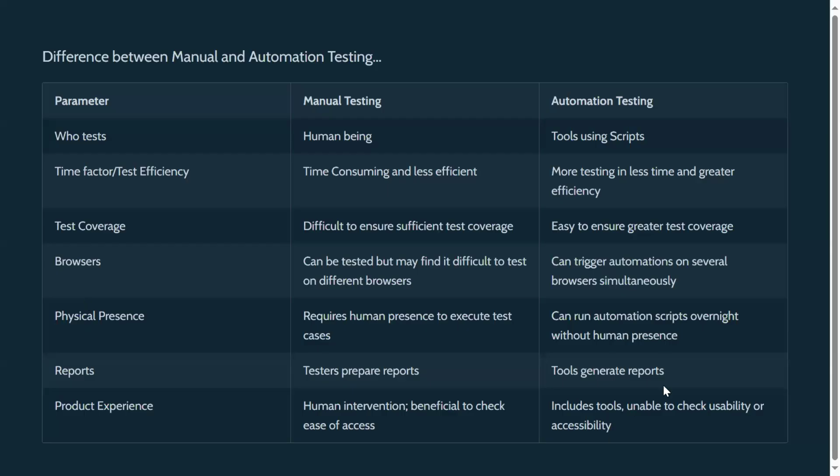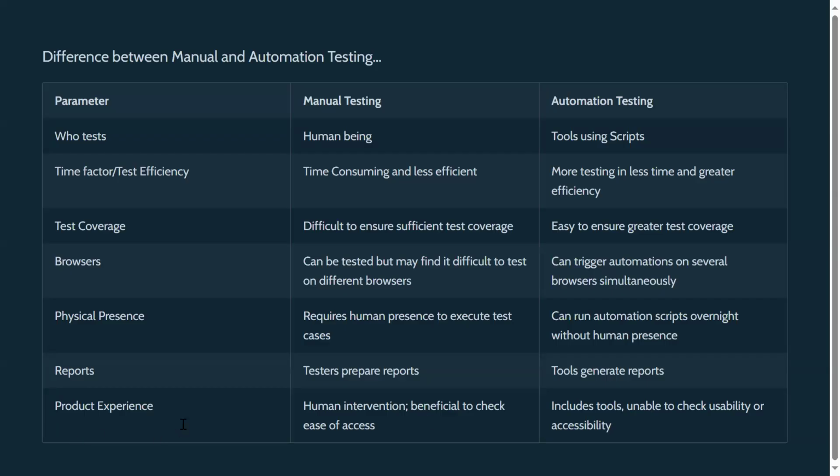But in automation testing, the tool itself generates the report stating how many scenarios passed and how many failed, so that the user can easily review the failed test cases. Accordingly, they will log a defect.